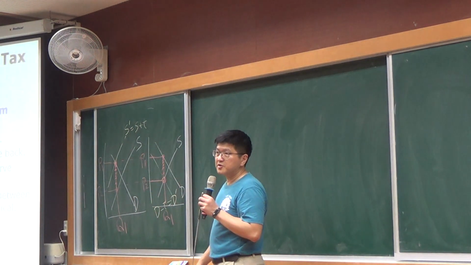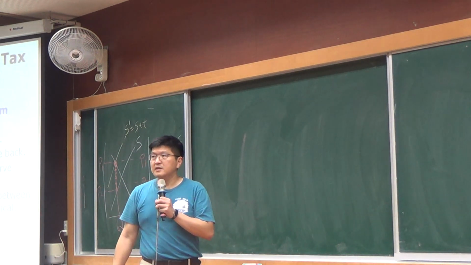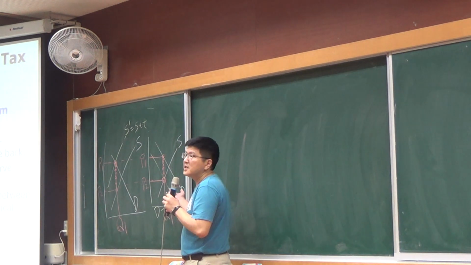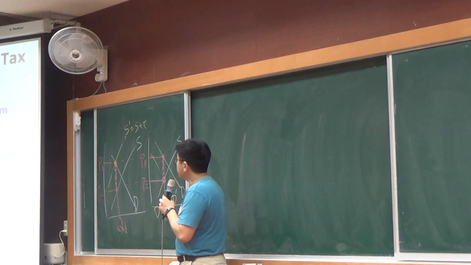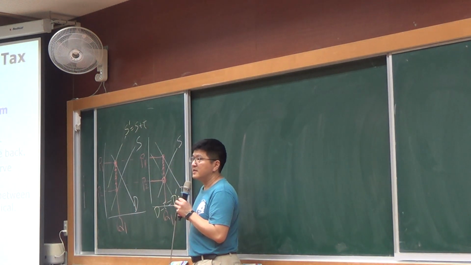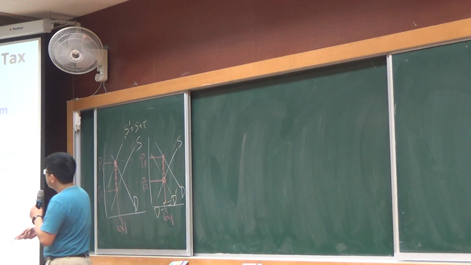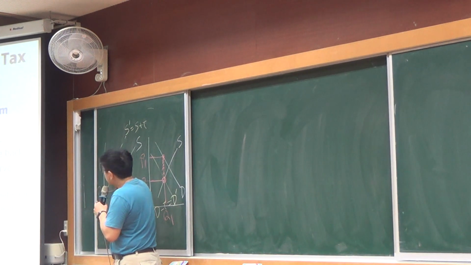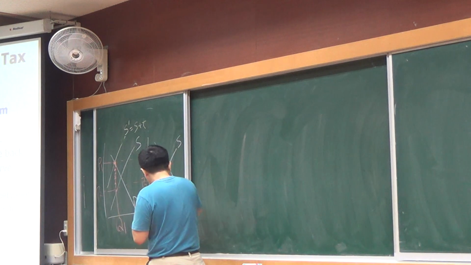In the first approach, charging the tax from the producer, or collecting the tax from the consumer, in either scenario, in either approach, we have the same tax-sized wedge. So the tax size is tau.